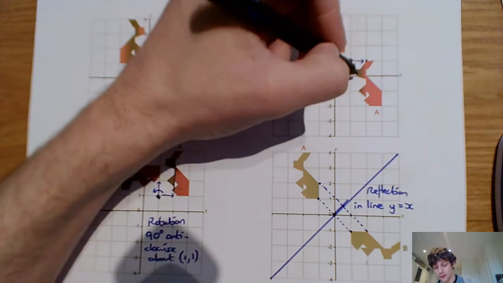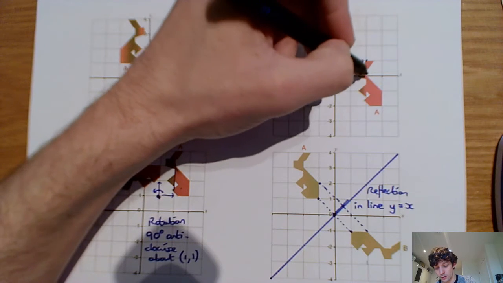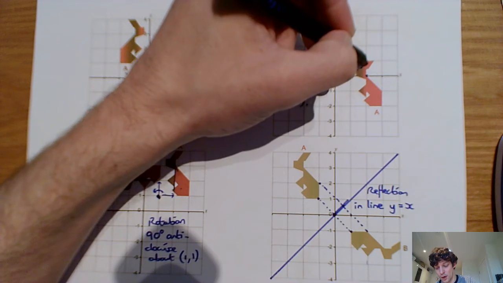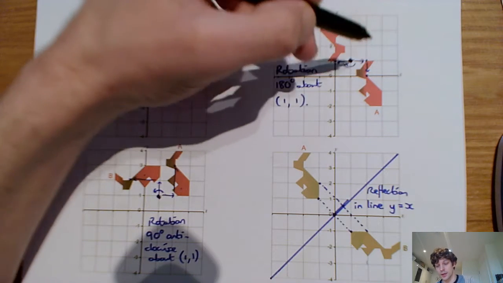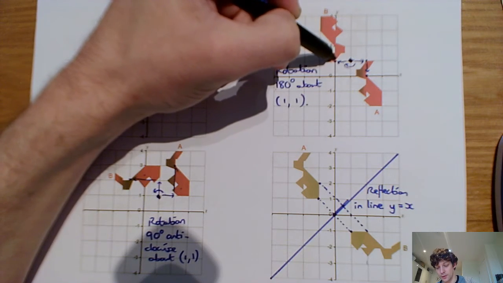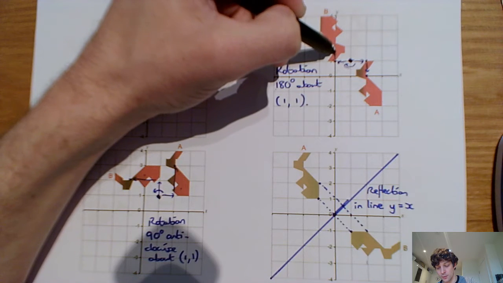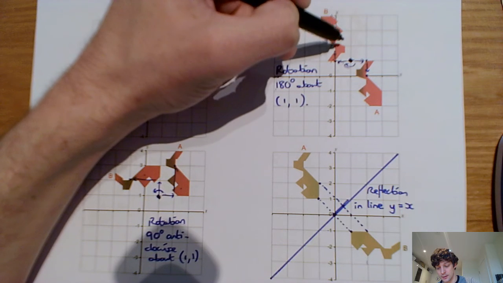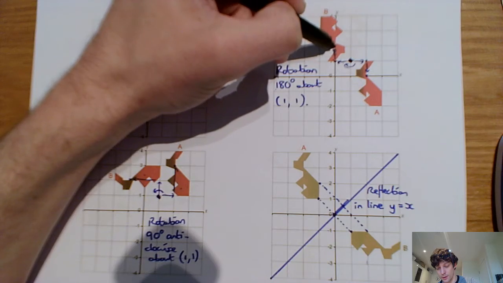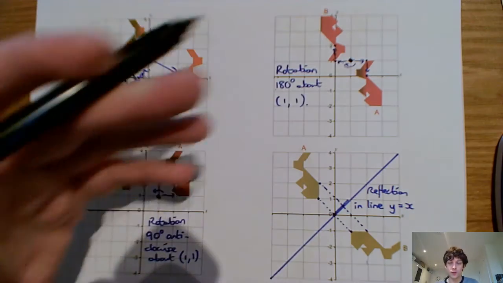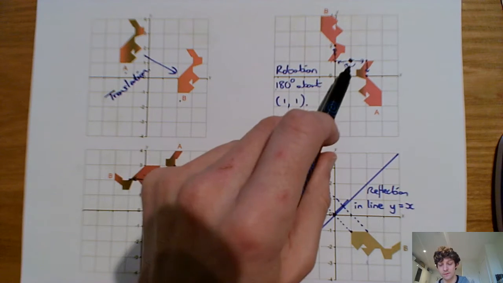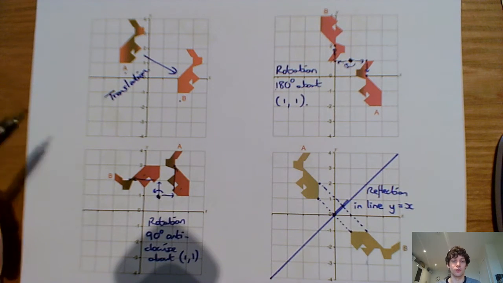I could do that at another point as well. So if I look at this point, that's 1 square to the right, 1 square down. If we imagine that arm there turning 180 degrees, it'd go 1 square to the left, 1 square up, and we can see it ends up in the same place on the rabbit. So that gives us an indication that that point is the right center of rotation.